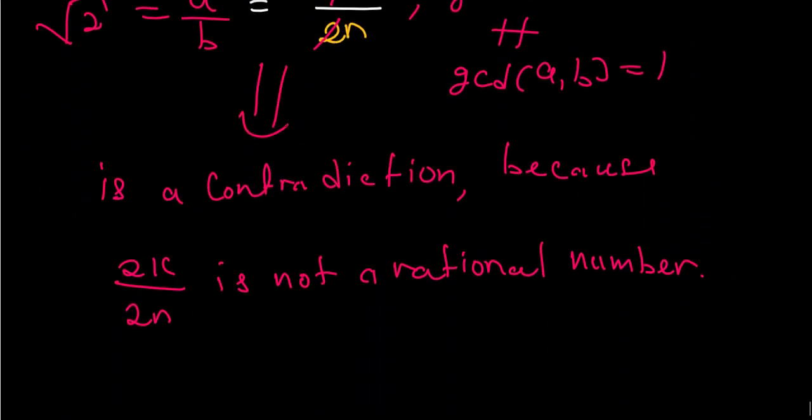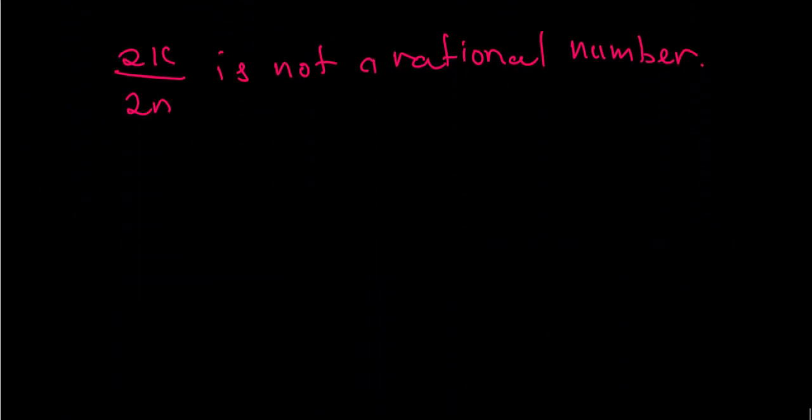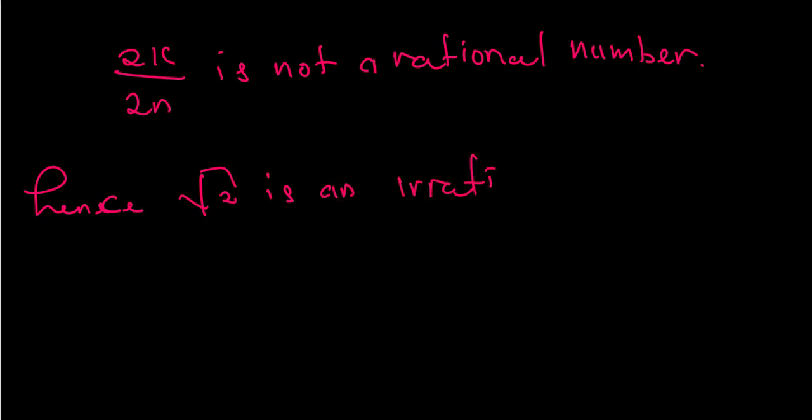And since at the end of the day we fall on a contradiction, we conclude and say: hence the square root of 2 is an irrational number.